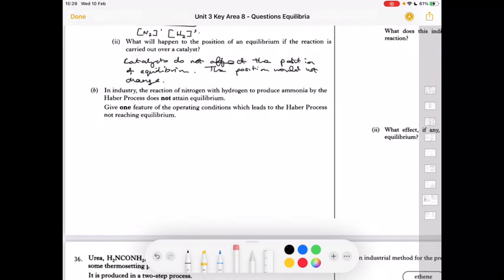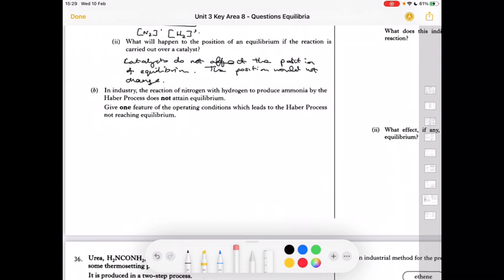Okay, and for this one, it's talking about in industry, the reaction of nitrogen with hydrogen to produce ammonia by the Haber process does not attain equilibrium. Give one feature of the operating conditions which leads to the Haber process not reaching equilibrium. Well, to be honest, this might not come up in the new higher anymore, but if you think back to when we looked at the chemical industry, we were talking about a continuous process.